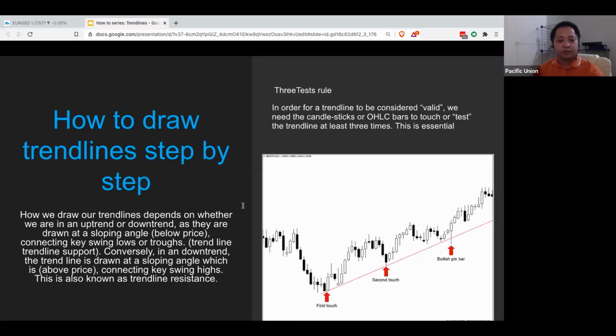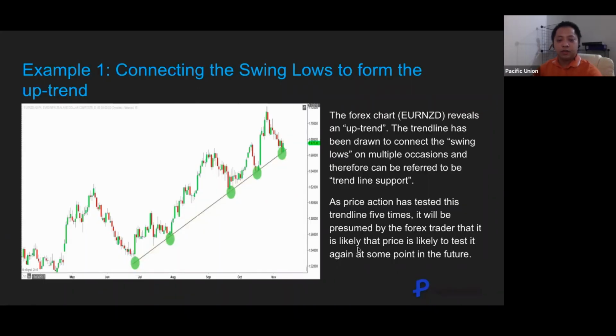All right. Let's go back to the presentation. Here's another example. This is the Euro Kiwi, Euro NZD. Okay, so this is in an uptrend. The Forex chart reveals that this is an uptrend, and you could draw a trend line touching 5 points.